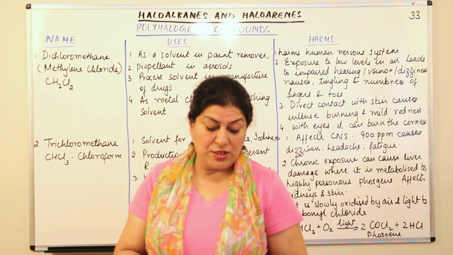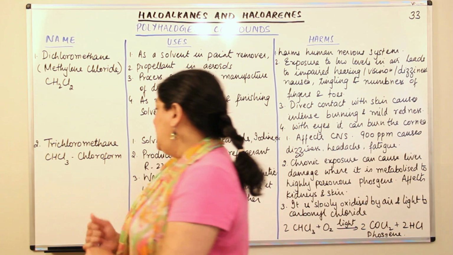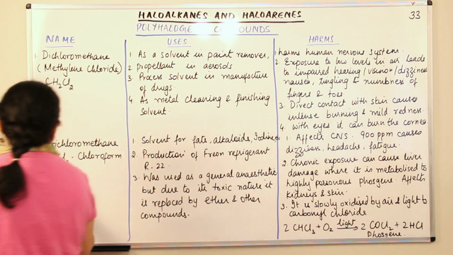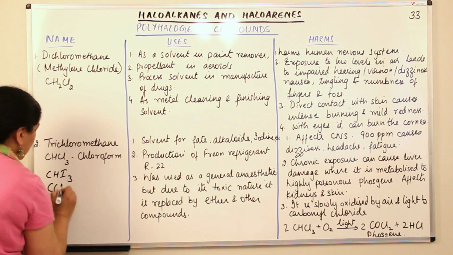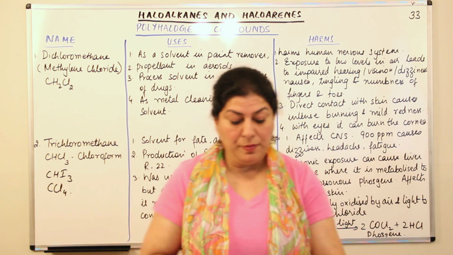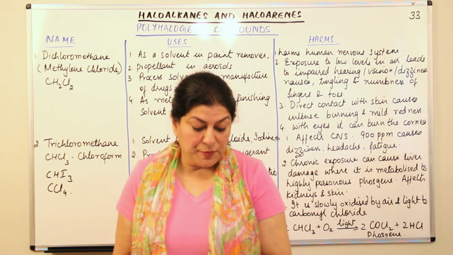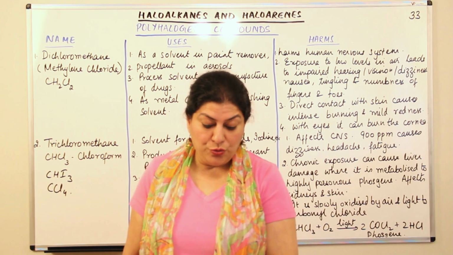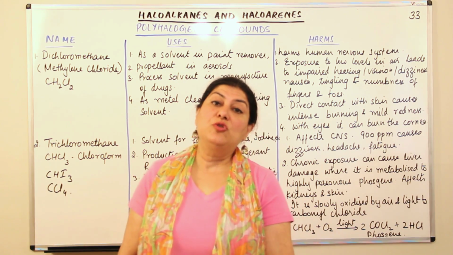The next compound is tetrachloromethane or carbon tetrachloride, CCl4. Now CHI3 was iodoform, and CCl4 would be tetrachloromethane. Commonly it is known as carbon tetrachloride. It is produced in large quantities for use in the manufacture of refrigerants and propellants for aerosol cans.